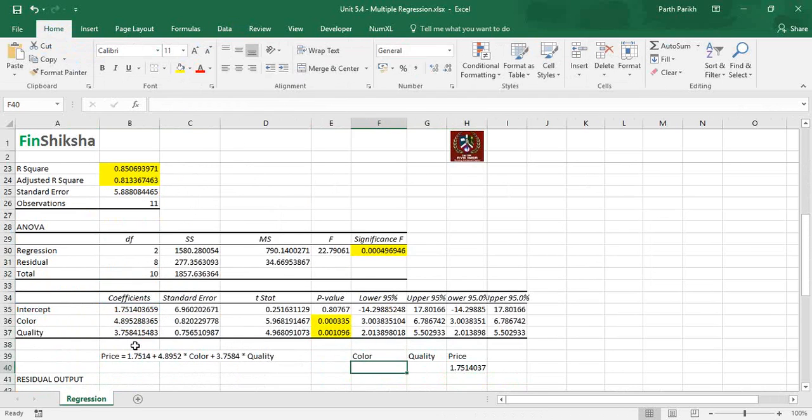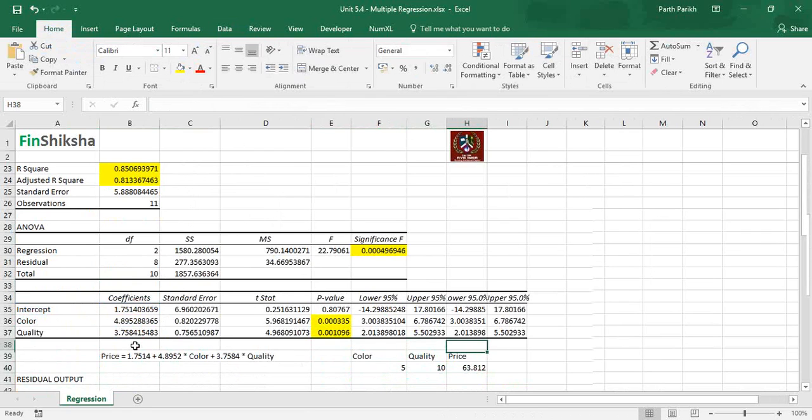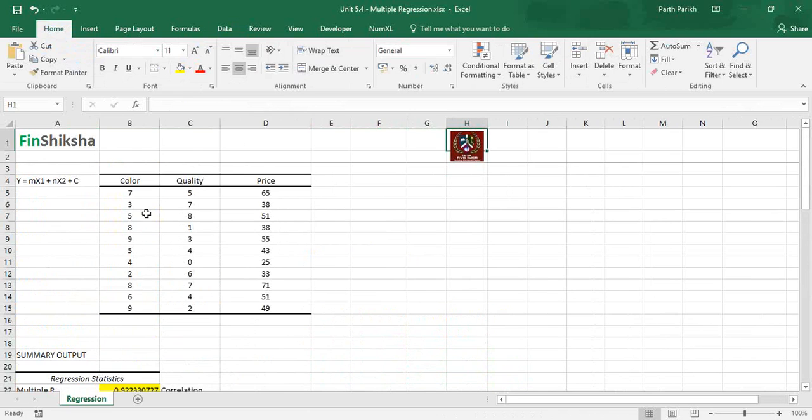If everything is 0, my price is 1.75. If my color is, let's say, 5, and my quality is 10, then my price is 63. Now let's take this example, 5 and 8. So my price is 51.